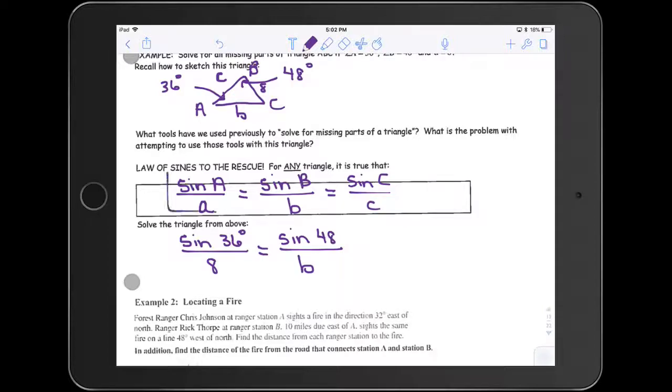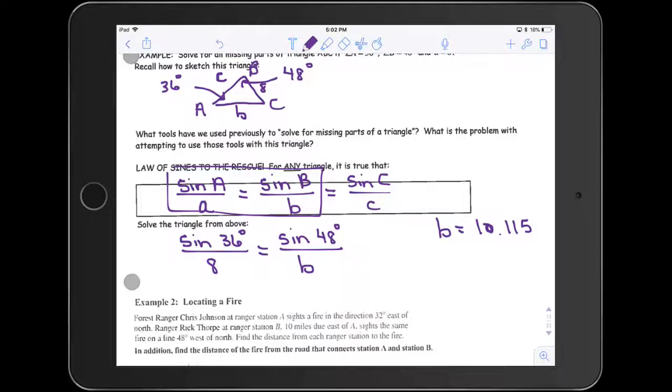I obviously am using this right here, and from there I'm solving for B. So when I cross multiply and solve for B, you really definitely want to make sure you're in the right mode, and you can do this with your calculator, but side B is going to end up equaling, once you cross multiply, 10.115. Okay, so 10.115. From there, I can keep going.